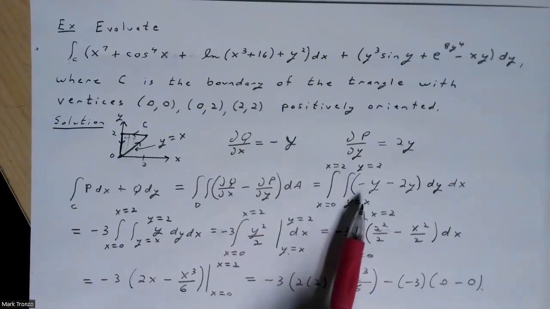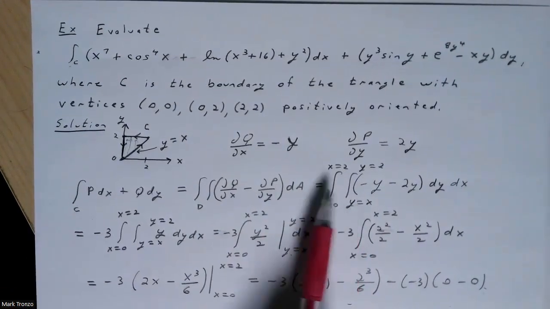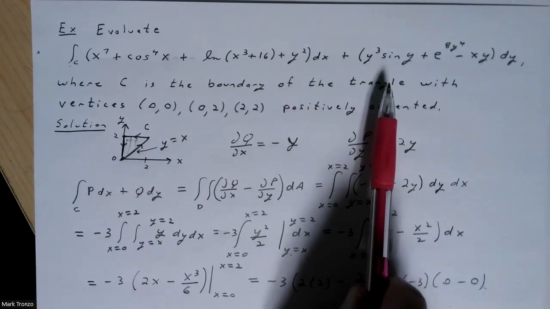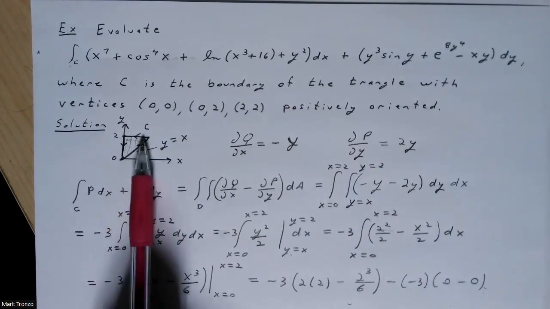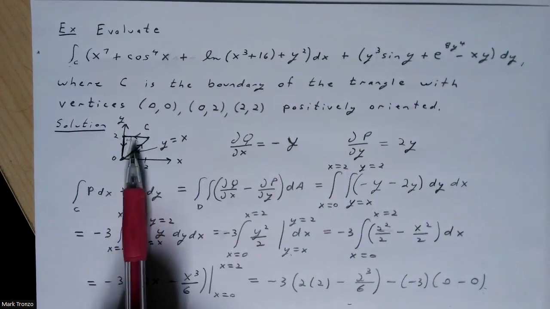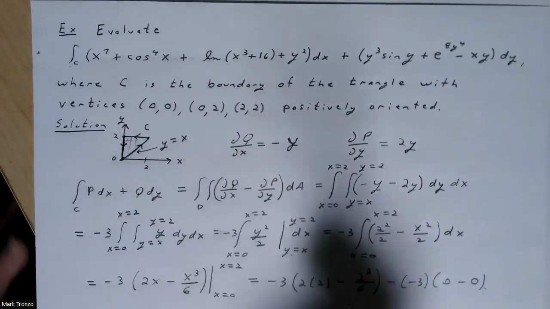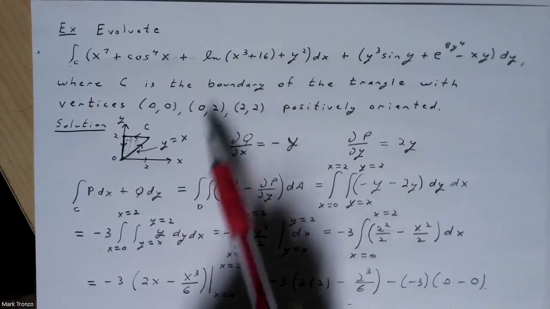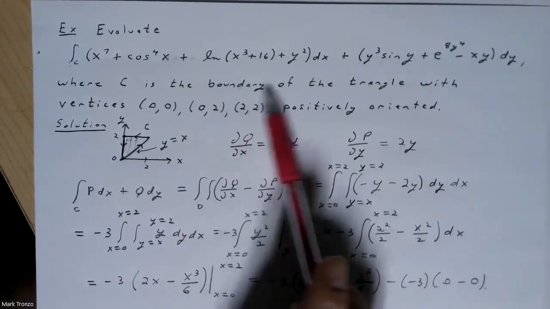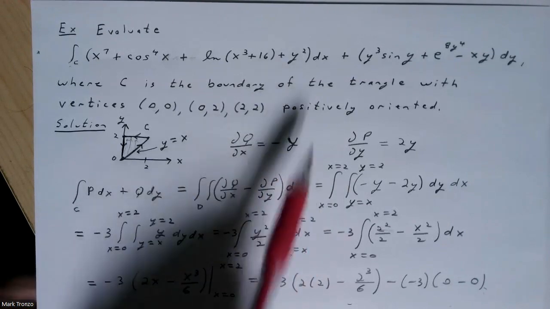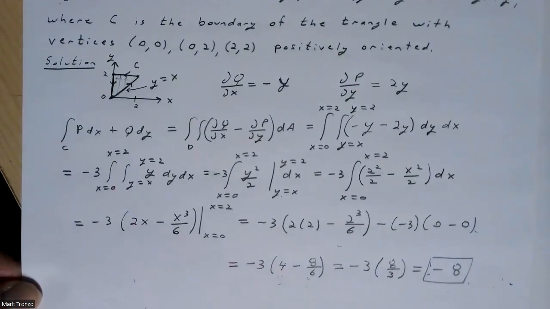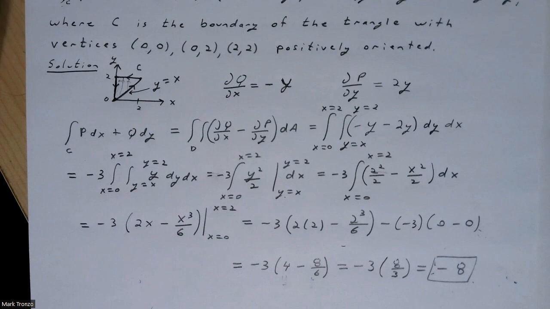Now, there are going to be some cases where it doesn't simplify the integrand too much, and or the domain for the double integral could be bad. In that case, you probably don't want to use Green's theorem. But if it does simplify the integrand and makes nice bounds on your double integral, then that's the time when you want to apply Green's theorem.